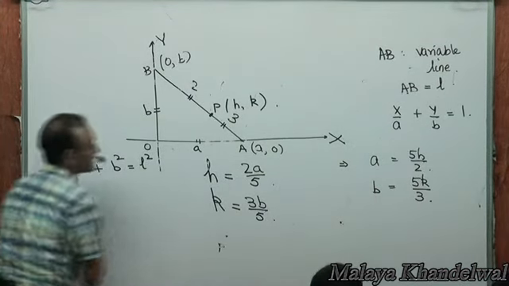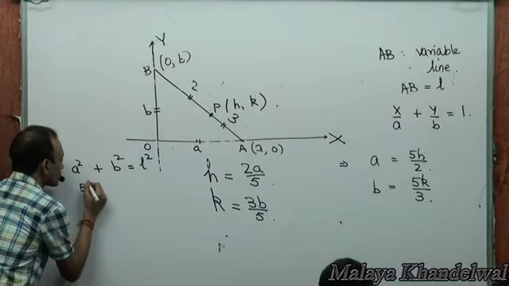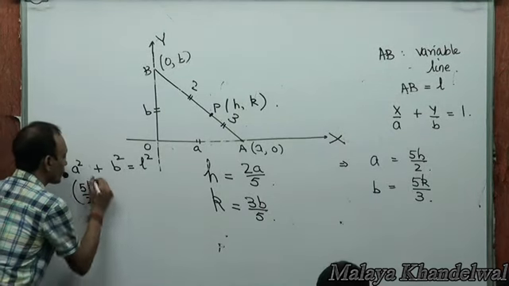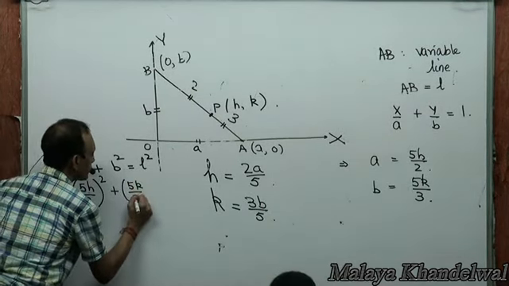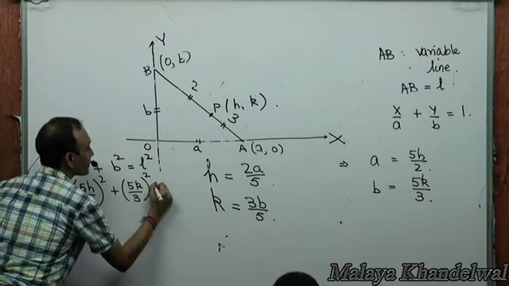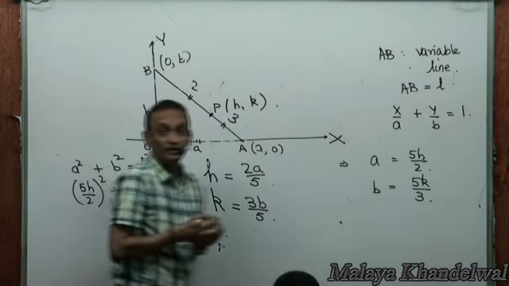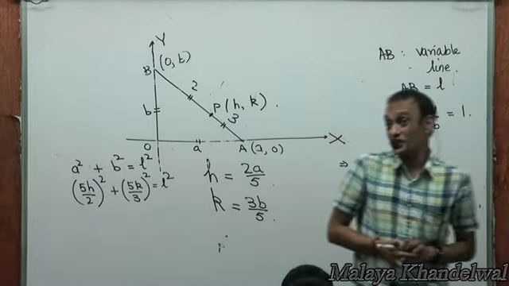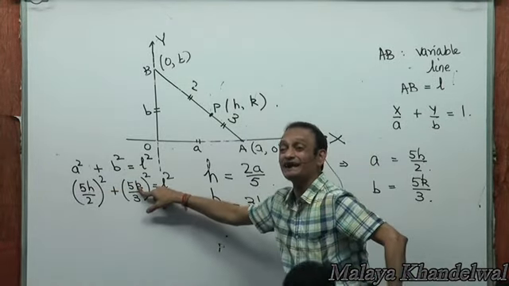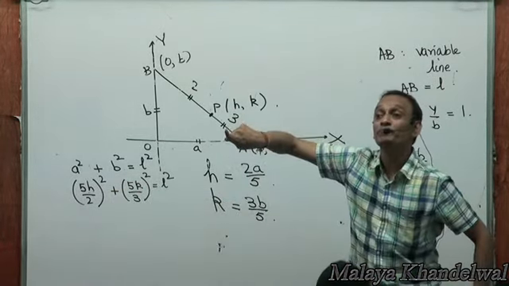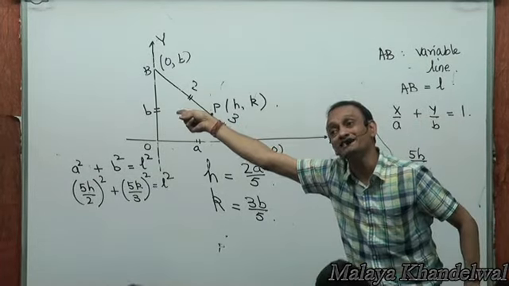Because a can be replaced by 5h by 2, b can be replaced by 5k by 3. Let's do that. Replacing a by 5h by 2, b by 5k by 3, equal to L square. This then is a relationship connecting the x coordinate h and the y coordinate k of the moving point, independent of the parameters a and b.